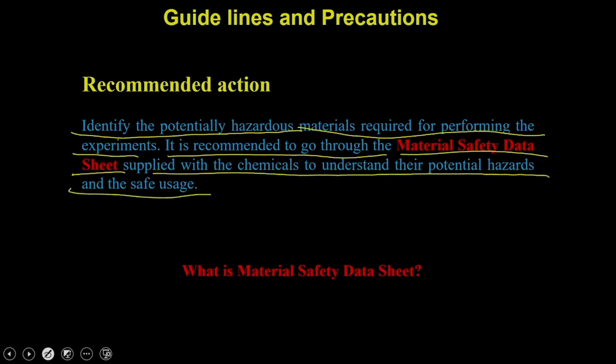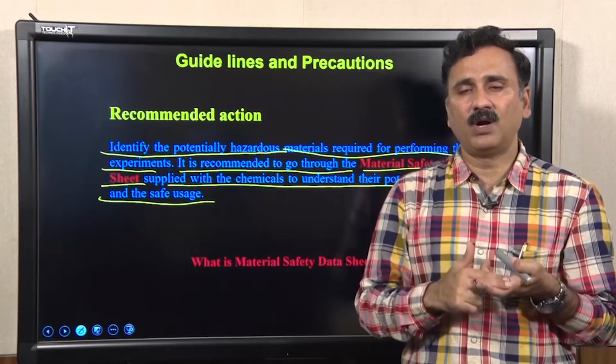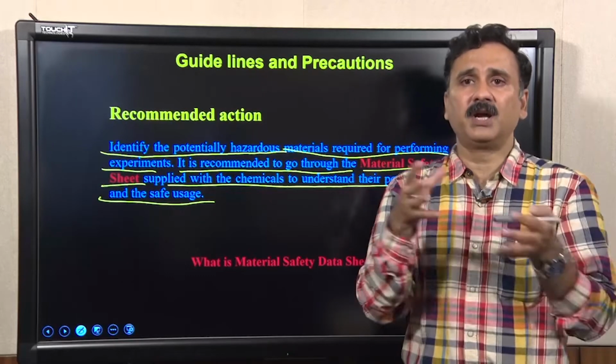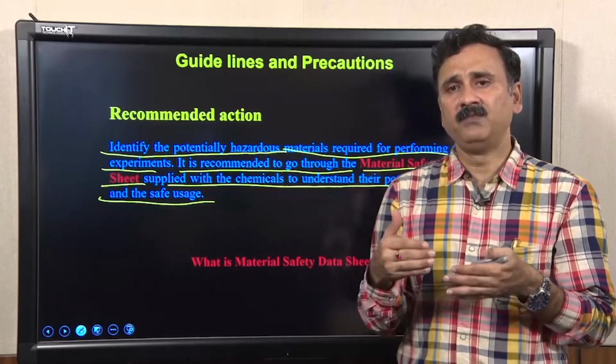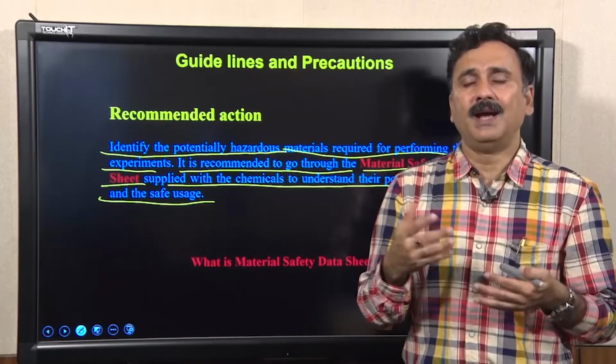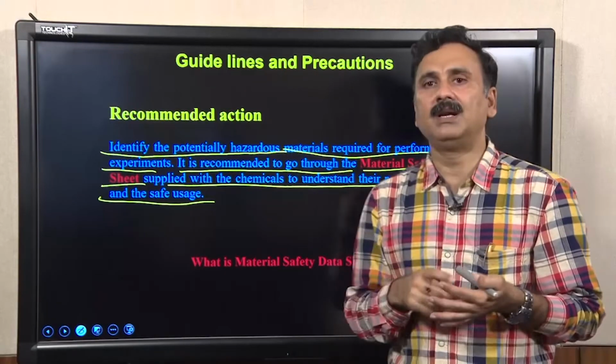Before you open the container, once you know the experiment has to be performed and what chemicals are required, you have to read the material safety data sheet so that you know what kind of material it is, in what way it can cause damage to your body, and how much exposure limit is not lethal for a human being, and so on. All that information is available in the material data sheet.